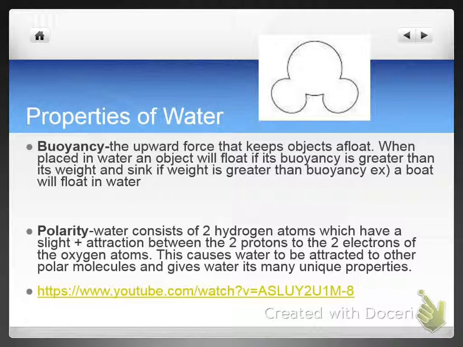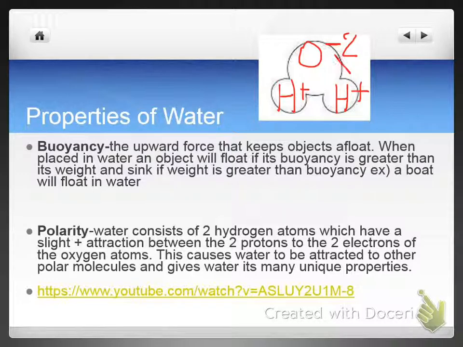As you draw your upside down Mickey Mouse ears for polarity, there are two H's, and they are both positive, so they're going to go in the ears. Then oxygen is negative, and oxygen has two electrons to each one positive proton of hydrogen.